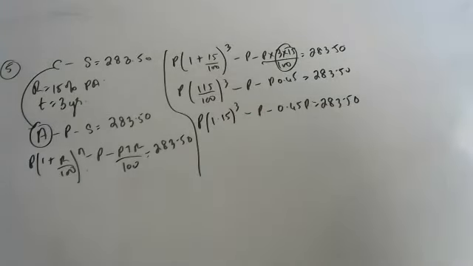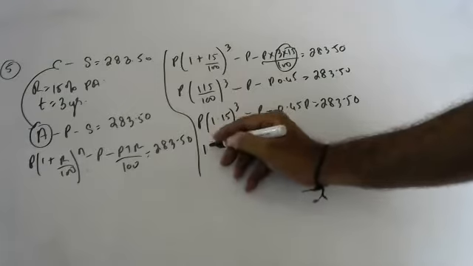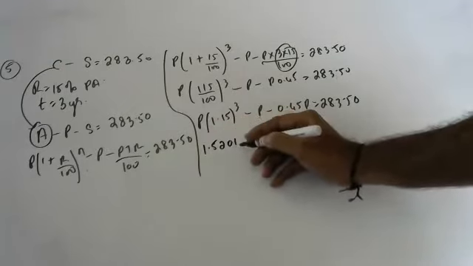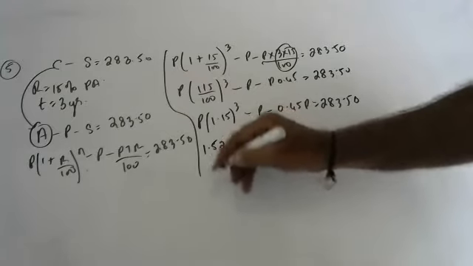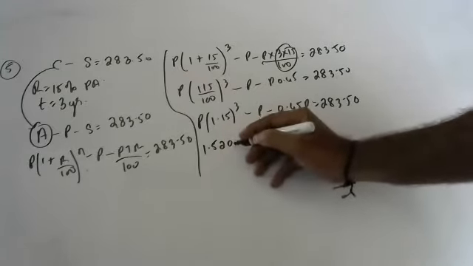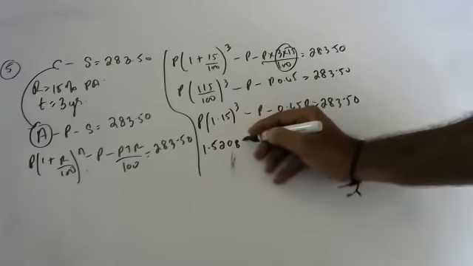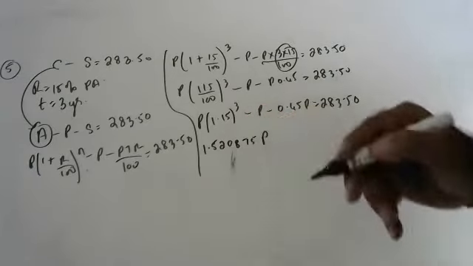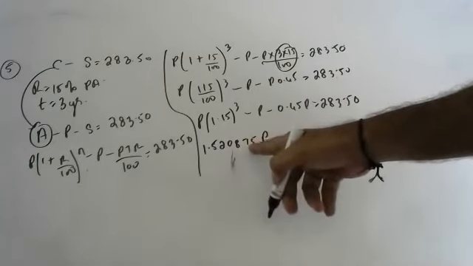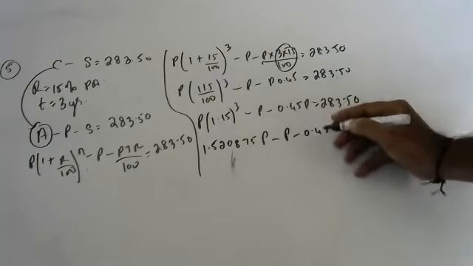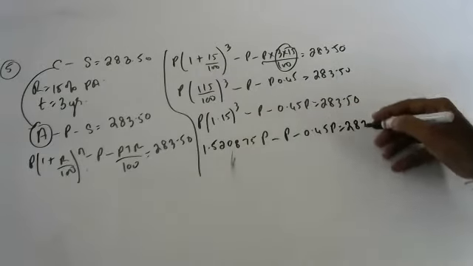Sir, 1.520875. Correct? Yes, sir. Minus 0.45 P is equal to 283.50.